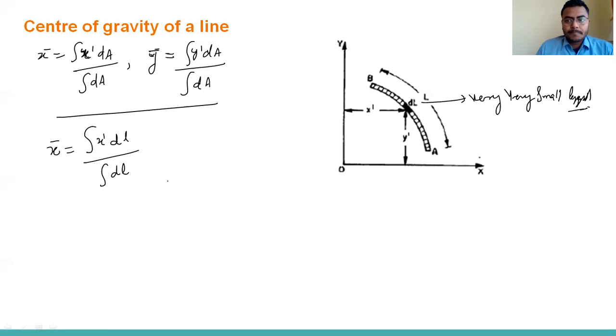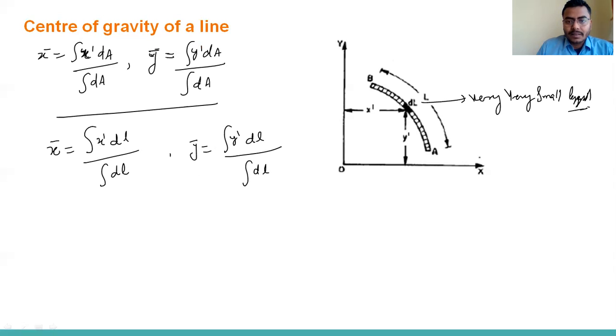Are you getting the point? Similarly, for y bar, integration of y dash dl divided by integration of dl. What is x dash? x dash is the distance of the centroid of this small length dl from the y-axis.